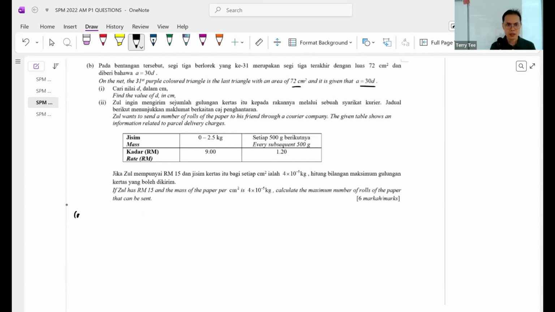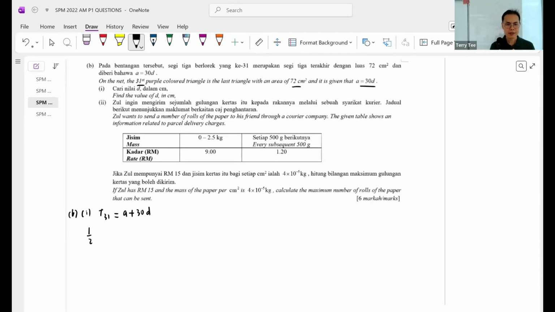So before that, can we find out what is the length of the 31st triangle? This is B, Roman 1. What's the length of the 31st one? What's the formula? A plus n minus 1 D, which is what? A plus 30D. Right? Now this is the length of your base.